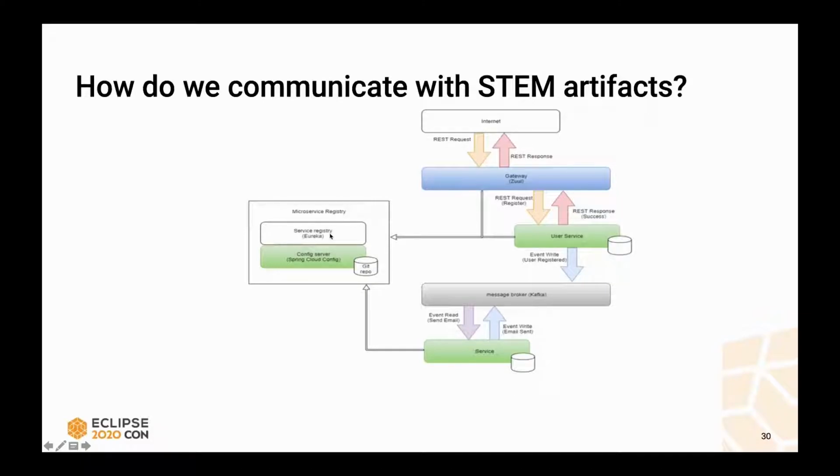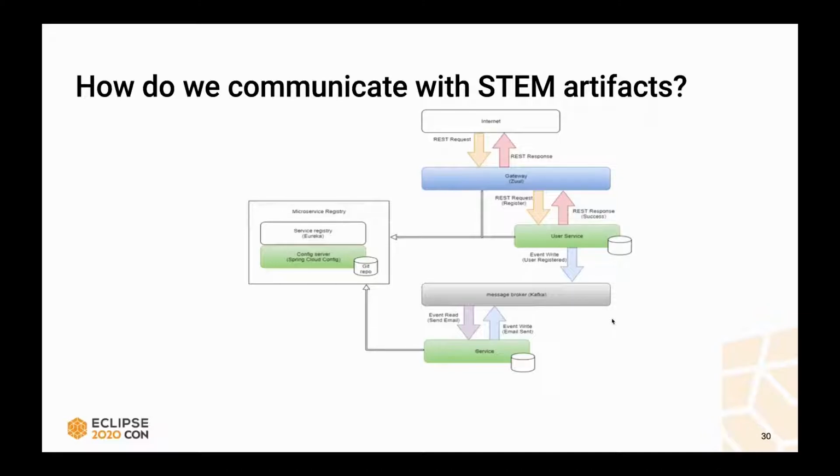We are using Eureka for that, and the configuration server, where any STEM microservice, when it starts, communicates first to this config server to download the configuration, and then it can start. Also, we are using Zuul as API gateway and Kafka as message broker. And here you can see the core component of STEM.